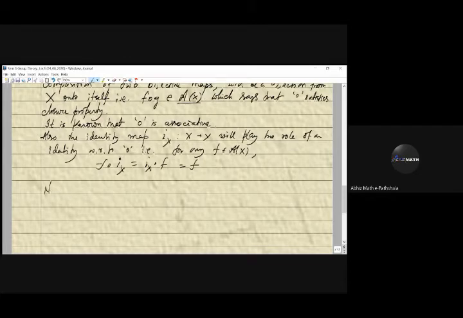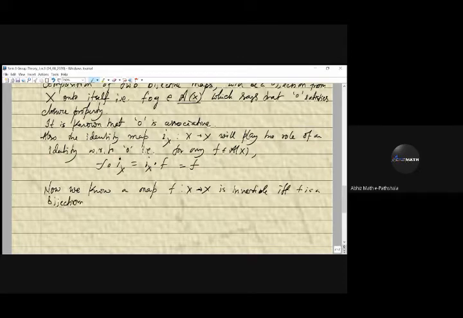Now we know that a map f from X to X is invertible if and only if f is a bijection, right?